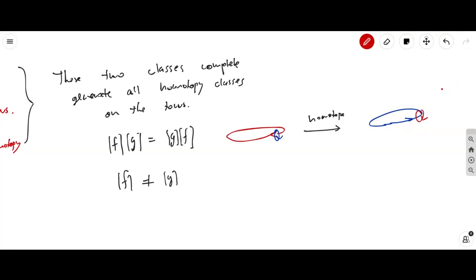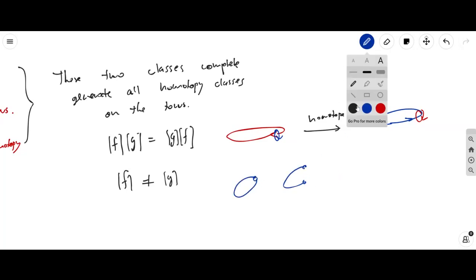And this is rather surprising: individually you cannot interchange the blue one with the red one, but somehow if they're together, you can do it. The explanation has to do with the fact that if you have a single loop, you're not allowed to break it open. This is not allowed, because a homotopy has to keep the base point fixed.